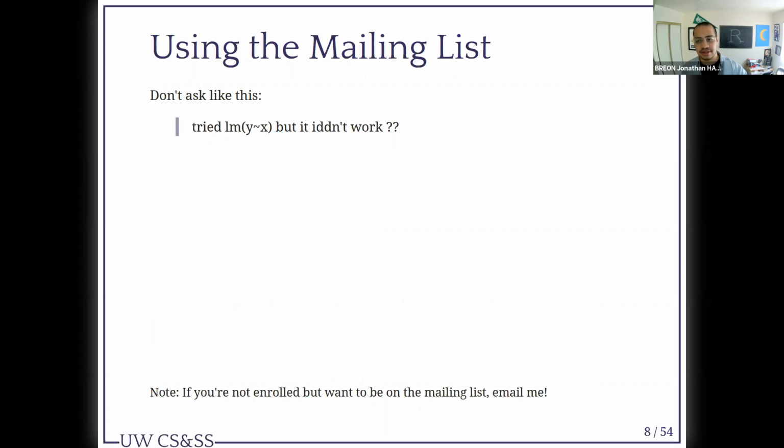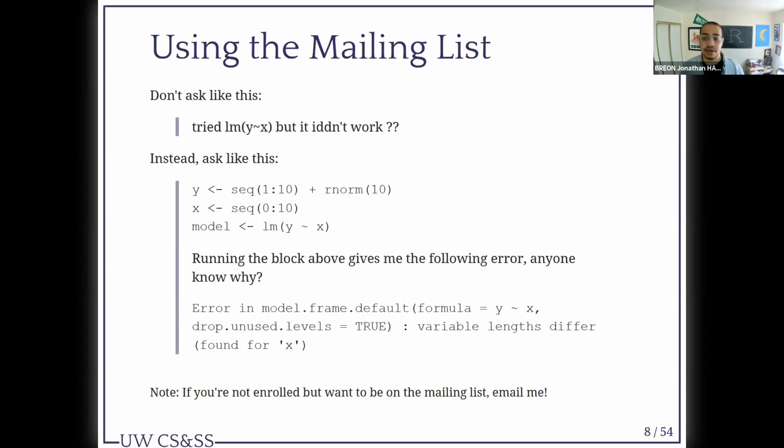About using the mailing list. Don't send things to the mailing list in this format: I tried lm(Y ~ X), but it didn't work. Instead, ask like this: I made this data Y out of the sequence function and the drawing from normal distributions function, as well as this data X from the sequence function.